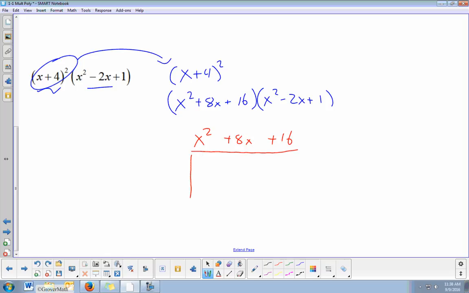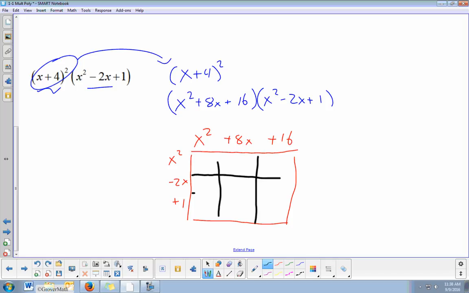And then to the left of the box, I write the other polynomial, x squared minus 2x plus 1. And what I'm going to do is turn this into kind of like a multiplication table type of thing. And so I'm going to have rows and columns.